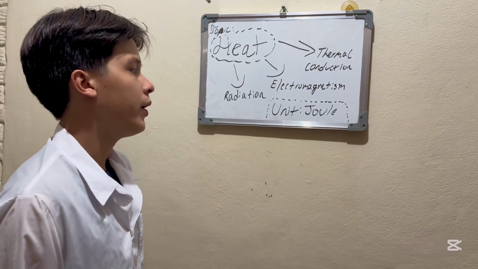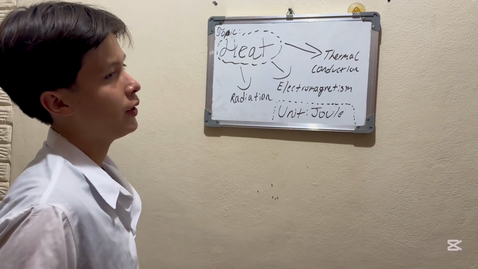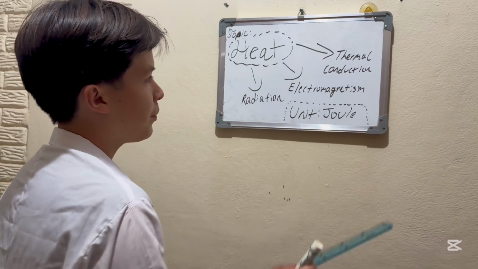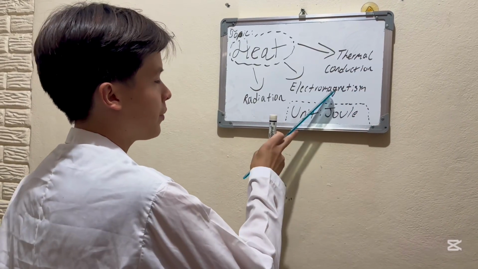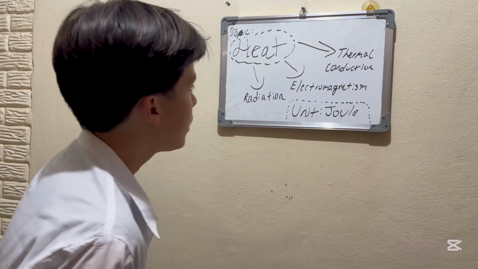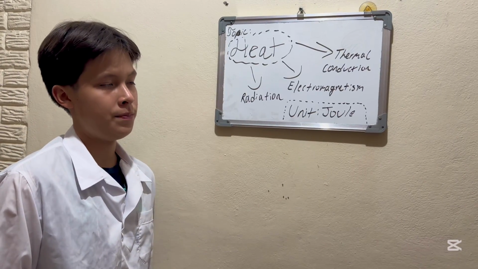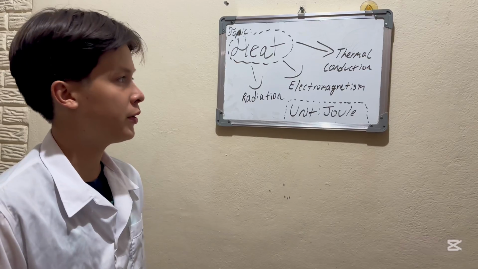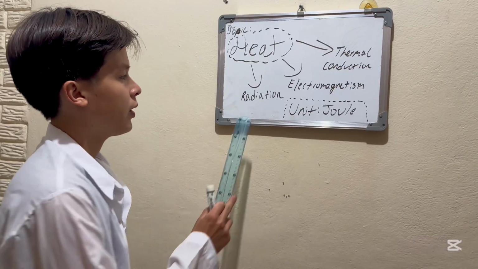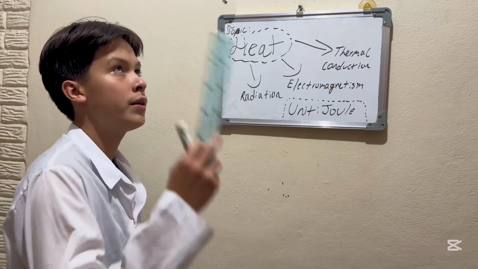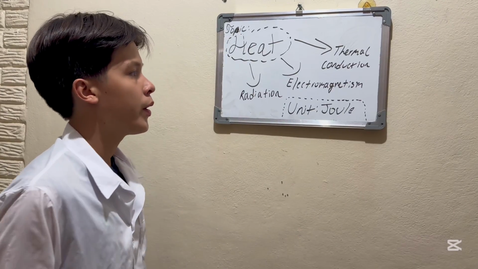So the three ways in which heat can be transferred are thermal conduction, electromagnetism, and radiation. Radiation can be the heat that the sun radiates to us.